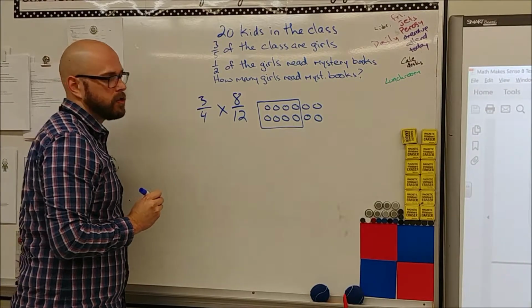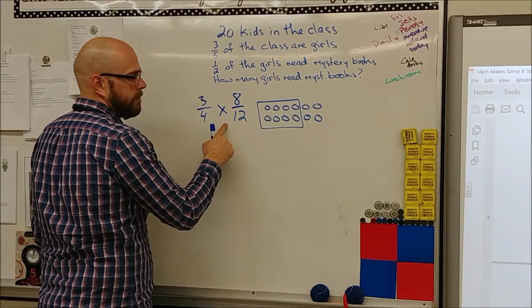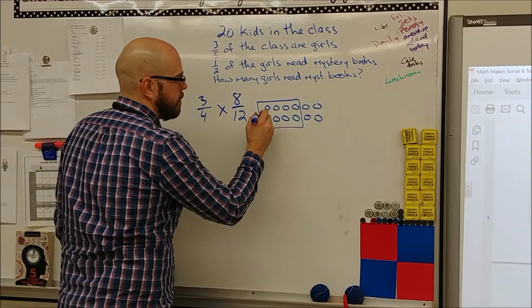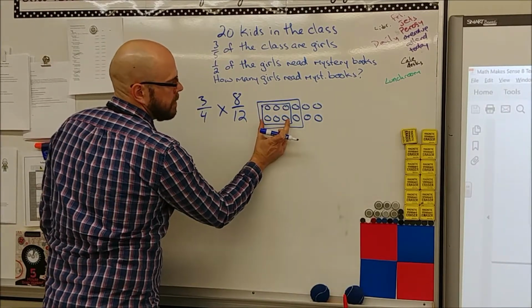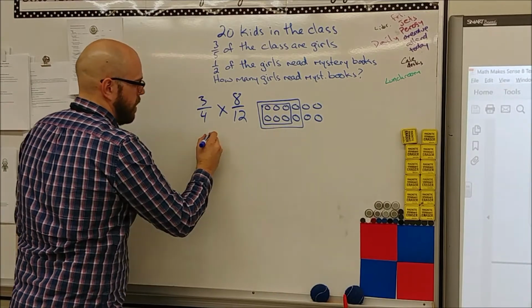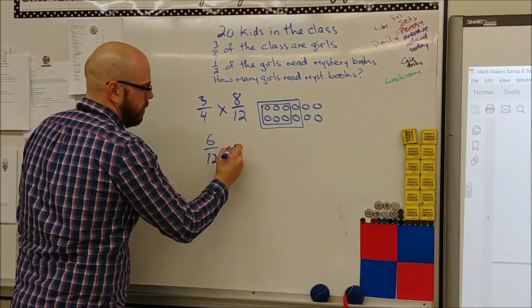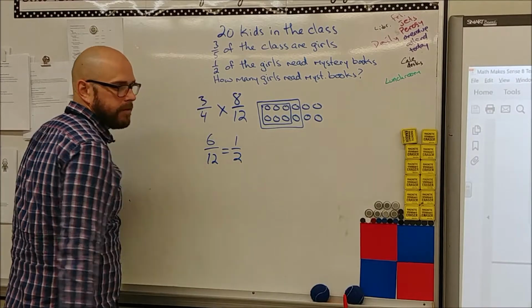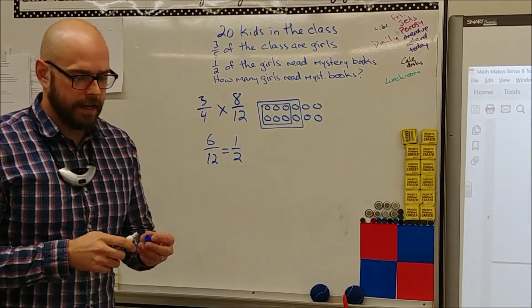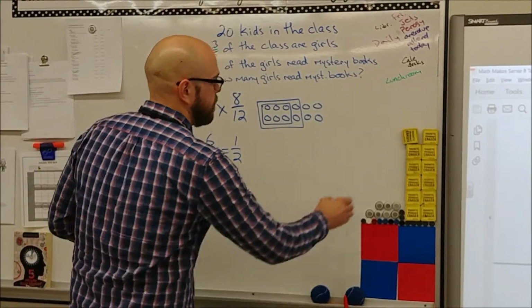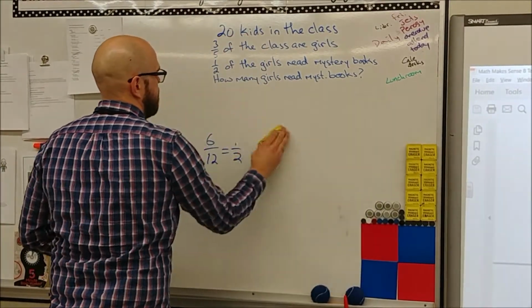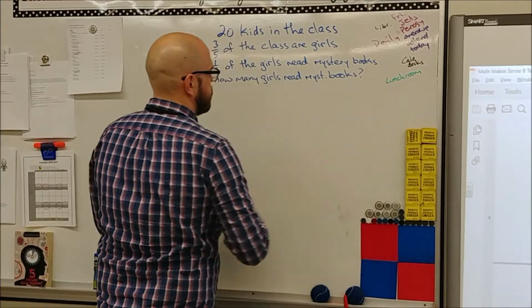And I'm going to circle 3/4 of those 8 out of 12. My total is 6 out of the 12, or 1/2. And there's that model a second time. Okay, I'm going to give you one more, and then I'm going to see if you can model it on your board.